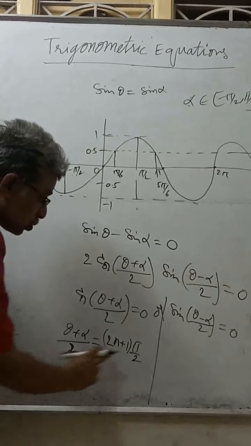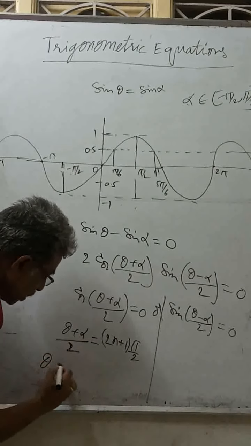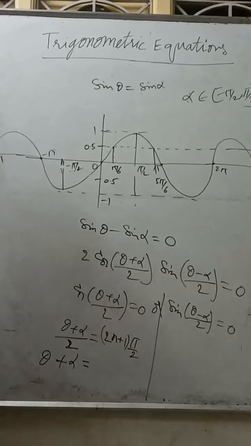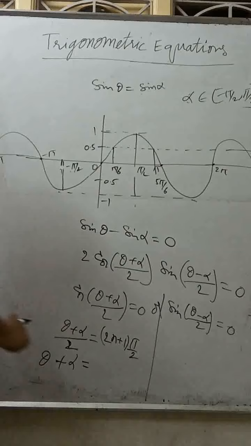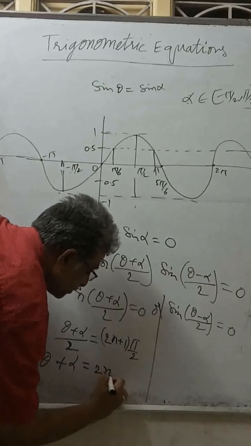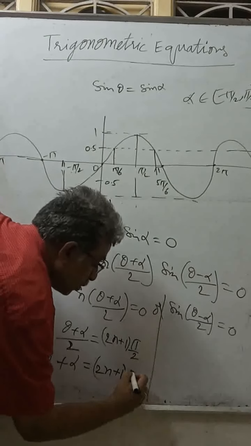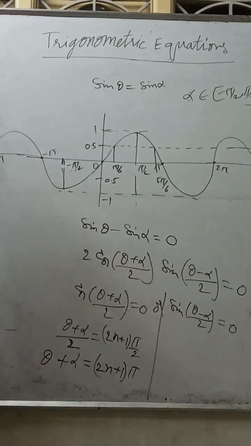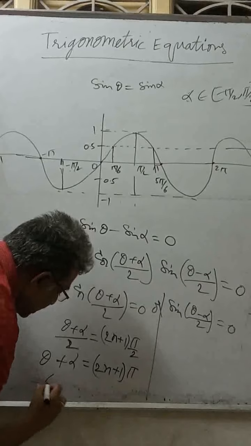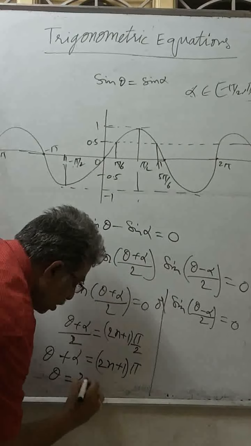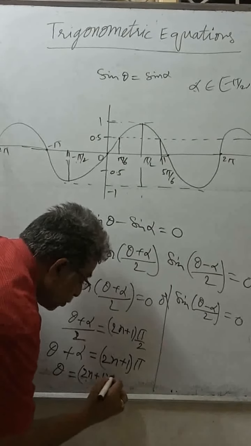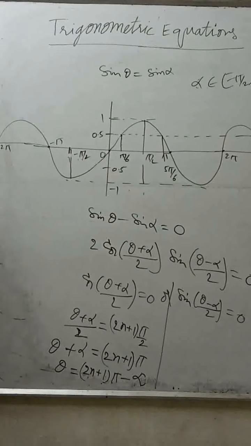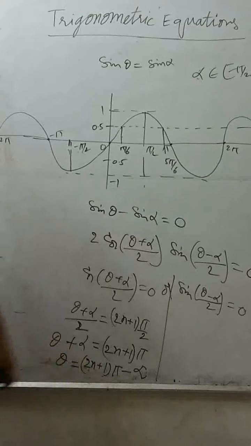Now if I bring 2 to that side, theta plus alpha equals (2n plus 1) into pi, meaning all the odd multiples of pi. Now alpha goes to that side, theta equals (2n plus 1) into pi minus alpha.